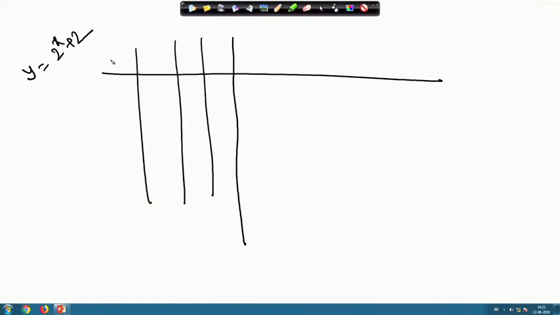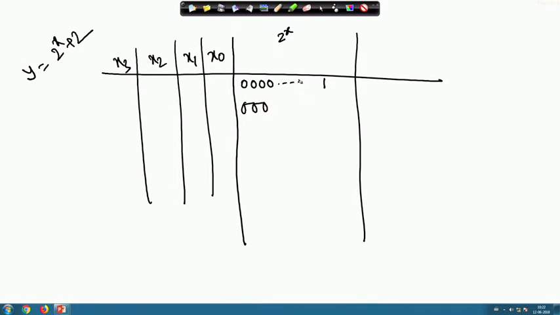We know that this is x3, x2, x1 and x0. For 2 to the power x, it will be something like this: 0 0 0 1, then 0 0 1 0, that is 2, then 4, then 8, then 16, something like this I will get for 2 to the power x.